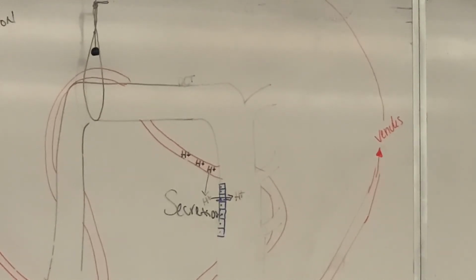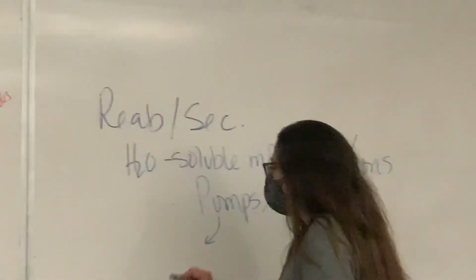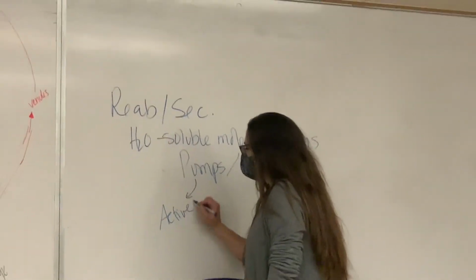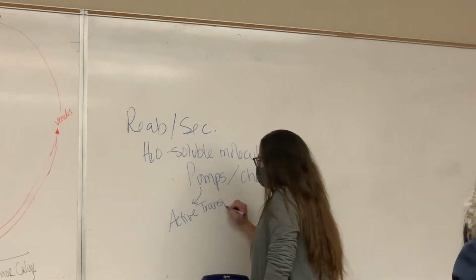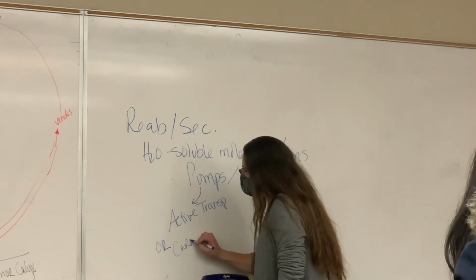Right? Because things that are water soluble can't freely cross the plasma membrane. If we use pumps, then we can either be doing active transport, or we could be doing carrier-mediated diffusion.